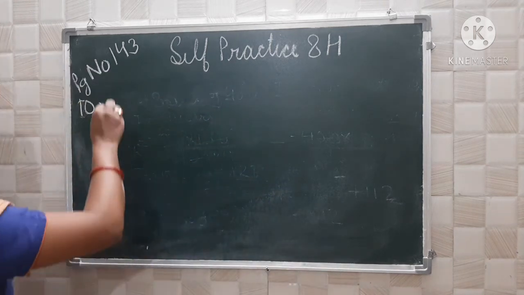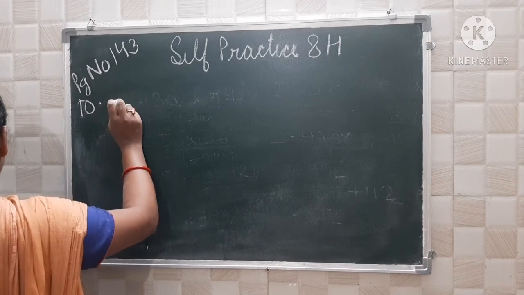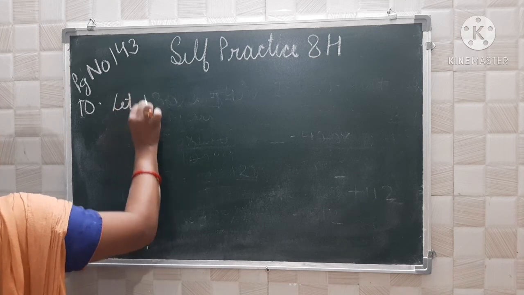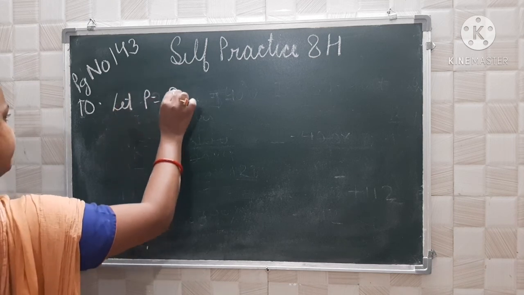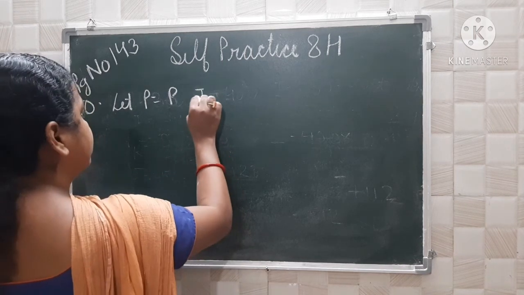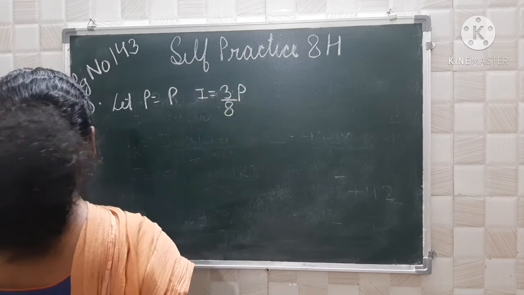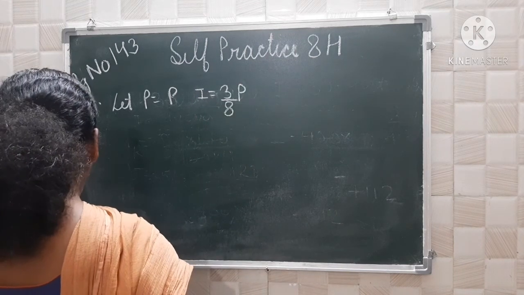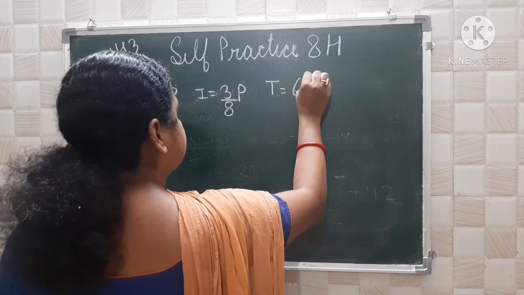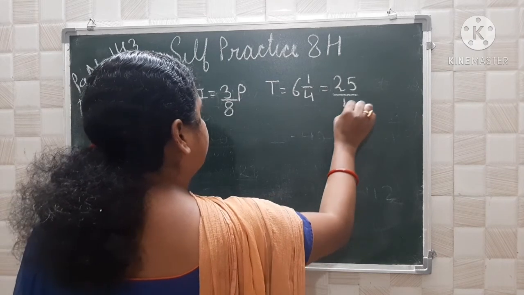Then let principal P is equal to P, I is equal to 3 by 8 of P, time is 6 1 by 4 means 25 by 4 years.